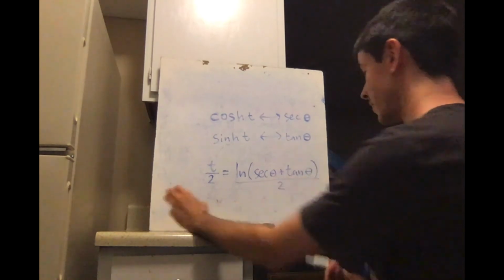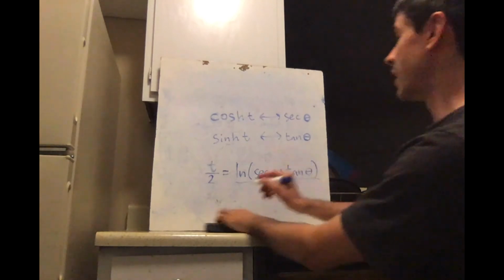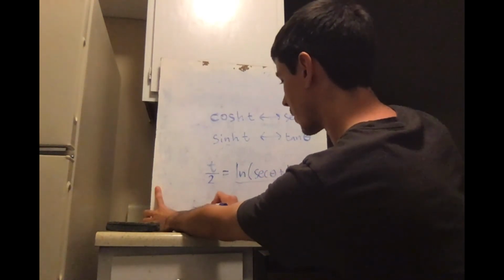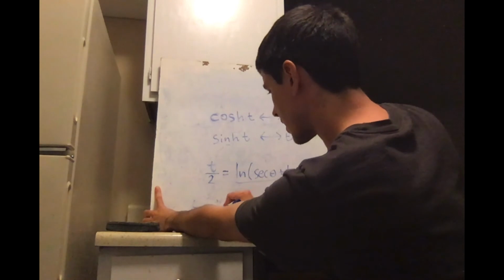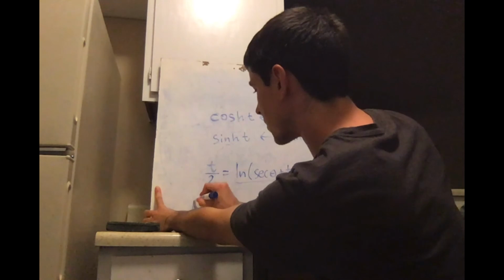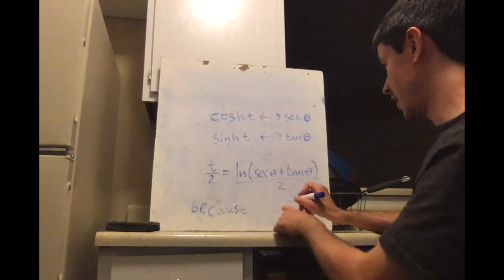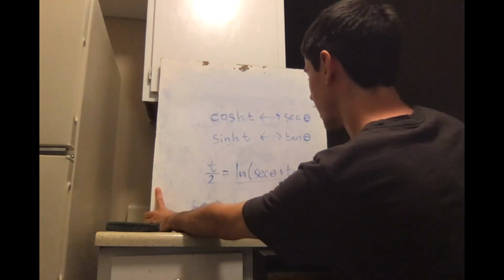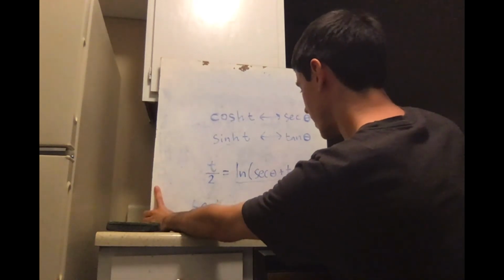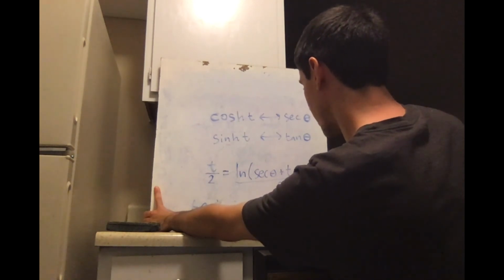And the reason for this is that, it's a good thing this is the last lecture, this is my only marker left, and it's going bad. The reason for this is because e to the t equals cosh t plus sinh t.